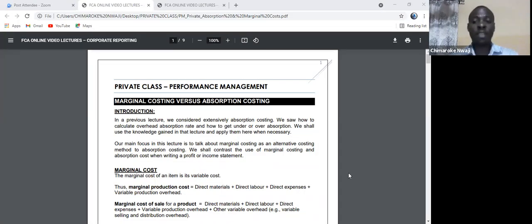Okay, let me share my screen to usher us to the start of the class. Here you can see my screen. Before we start, I would like you to go to the chat room and type that you can see my screen. That's the main thing.